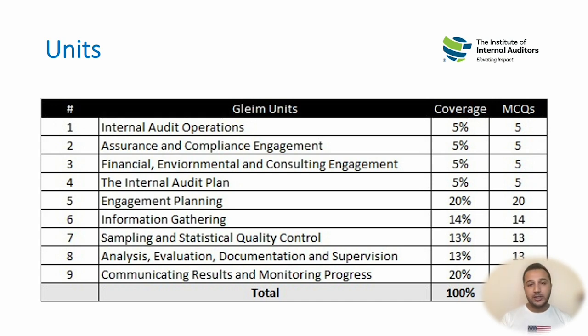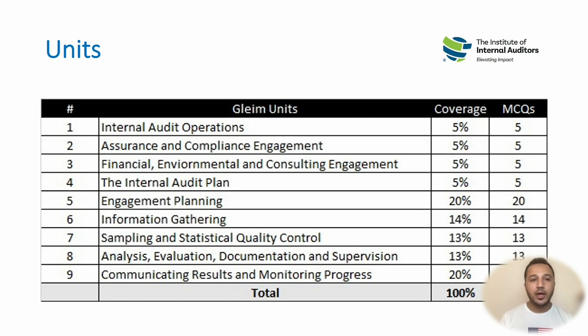So we have 9 chapters. It talks about internal audit operations, assurance and consulting engagement. So these are the basic 2 types of engagement. Then we have financial, environmental audits, which come under assurance, and then consulting engagement. Then it talks about the audit cycle.